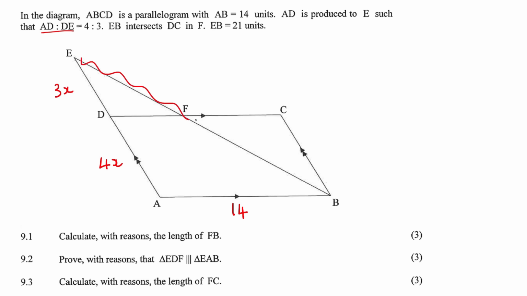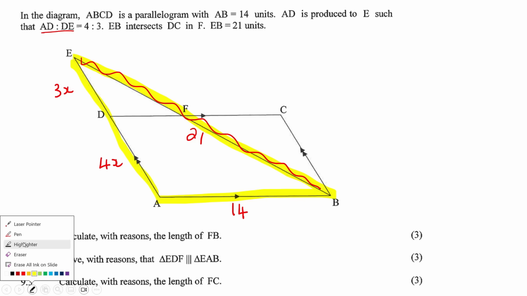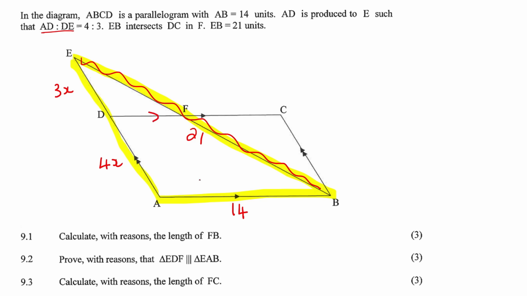Okay, so that's pretty straightforward. If you just look at this triangle here, then we've got 2 parallel lines because that's a parallelogram. So we can use the proportionality theorem, and remember we've got the entire length of EB. So I'm going to start there, EB over, now the thing we're looking for is FB.